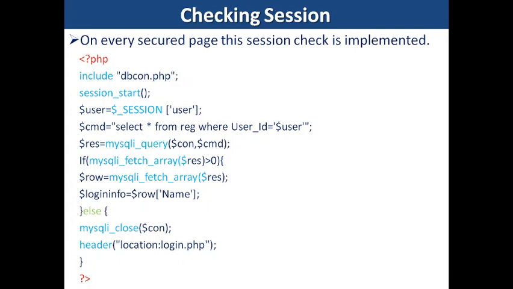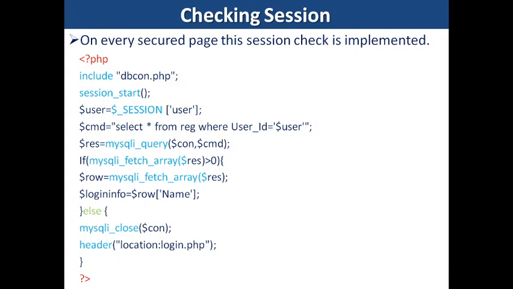So we'll make a separate page, and in that page we'll pick the session variable and check if that session exists or not. If that session exists, then we will pick the name of the user who has logged in. Otherwise, we'll close the connection and navigate back to the login page.